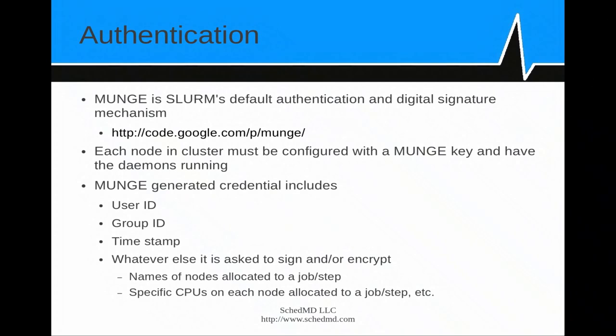So you could, for example, create a job step and then modify the credential or send it to a node which hasn't been allocated to your job, because that's part of that credential. And we also include specific CPUs on each node that are allocated to the job or job step, how much memory, and generic resources that are allocated to it. Basically to keep a job or user from using anything it's not supposed to be using.